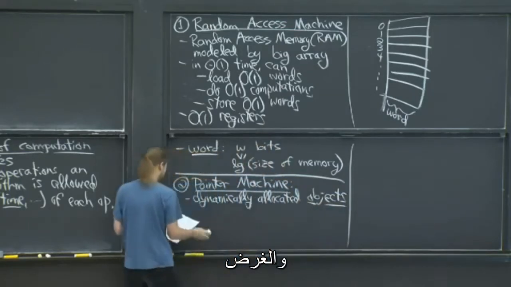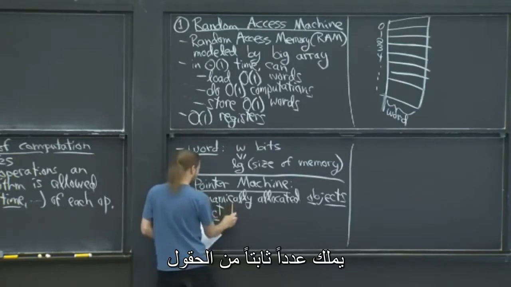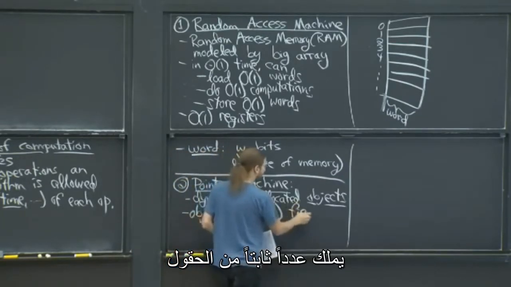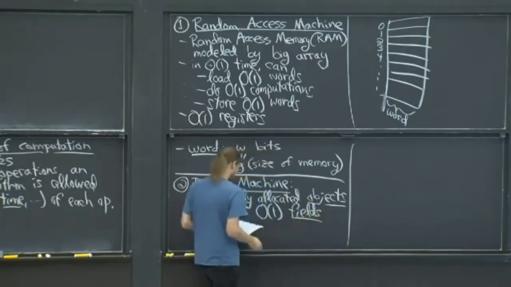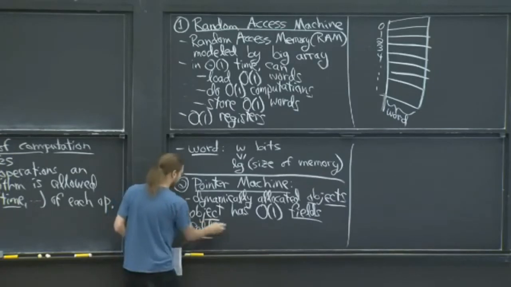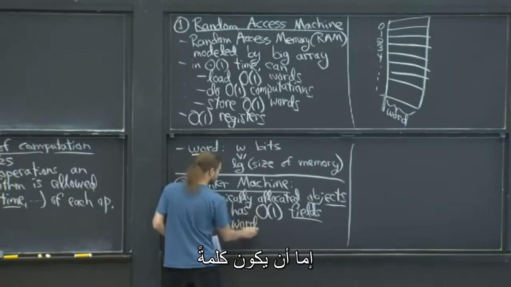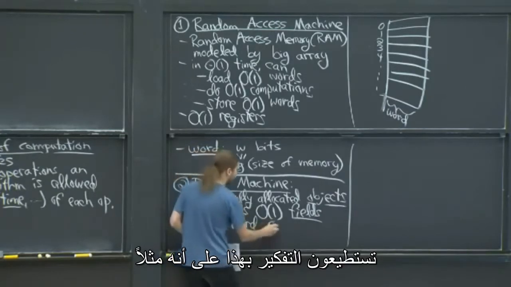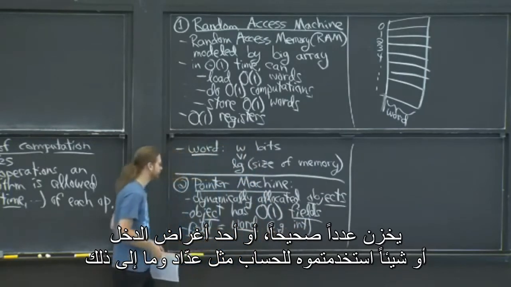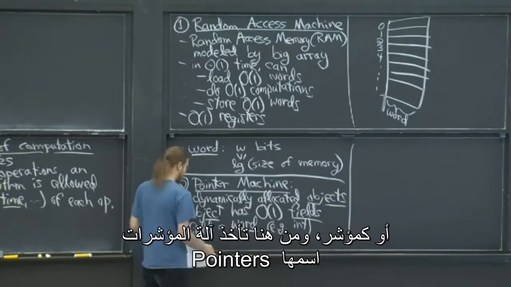And an object has a constant number of fields. And a field is going to be either a word. So you can think of this as, for example, storing an integer, one of the input objects, or something that you computed on it, or a counter, all these sorts of things.